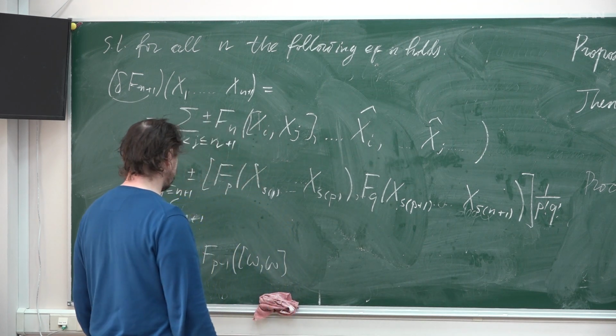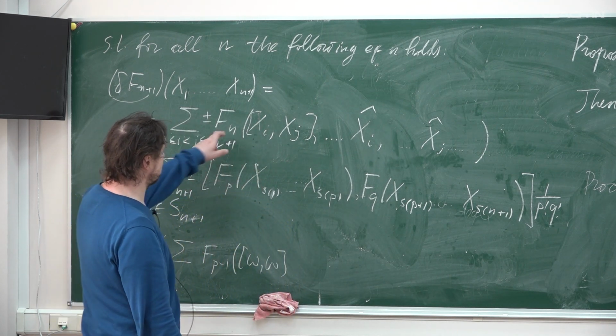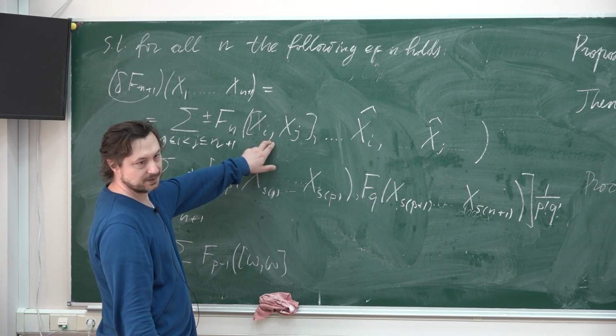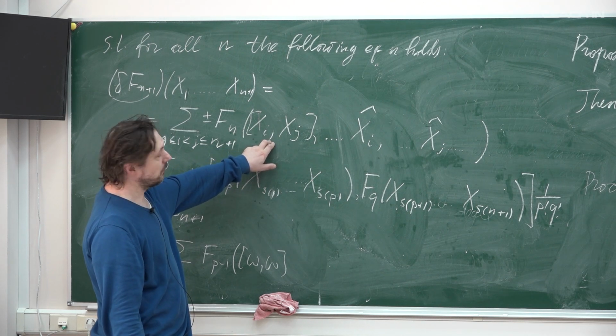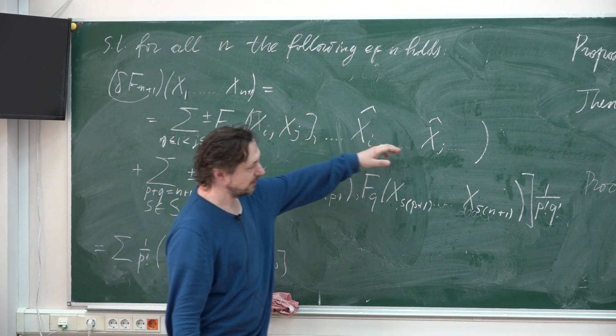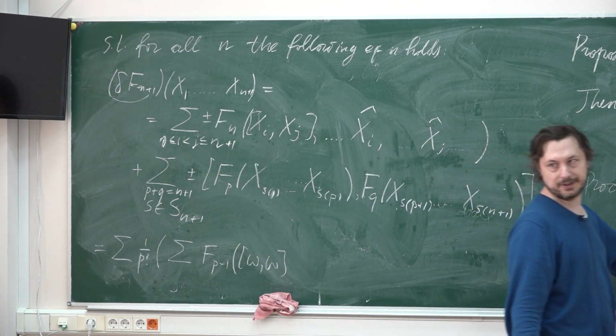And there will be exactly as many terms here as many different pairs of omegas I can choose from the string of p omegas, right?